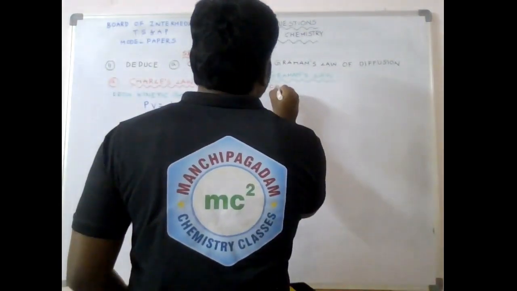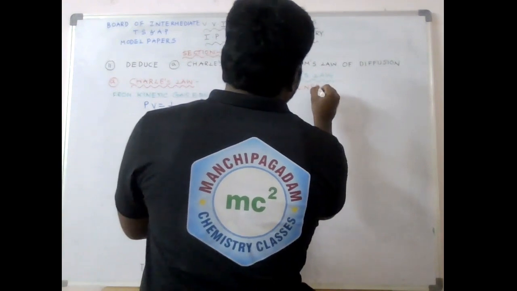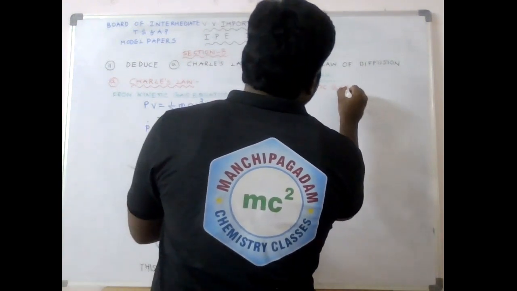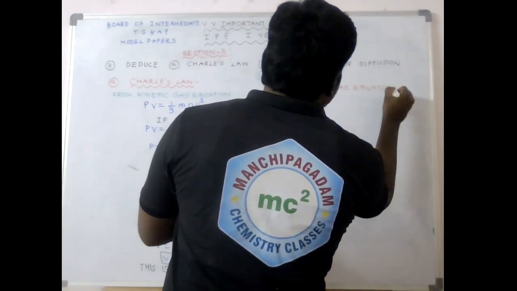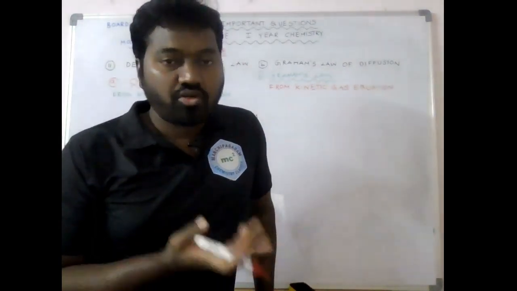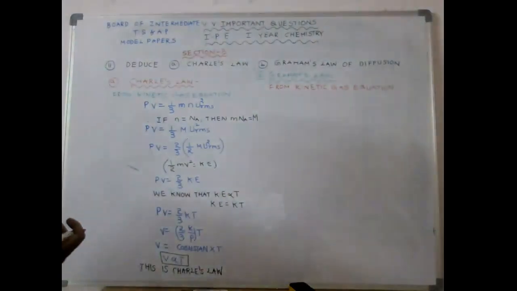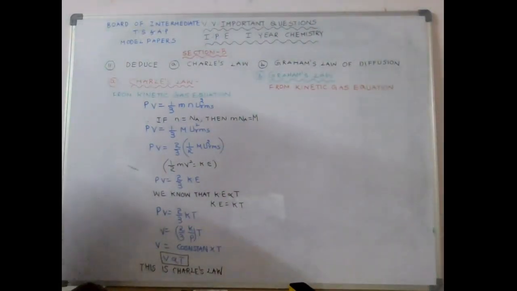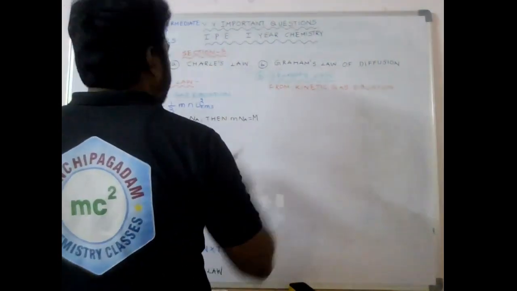Definitely you should remember this kinetic gas equation. Without that you can't answer this question. Sometimes they may ask you to deduce Dalton's law of partial pressure and Boyle's law. Most of the time they will give questions from these. Any two they will ask for 4 marks, so try to remember those two also.